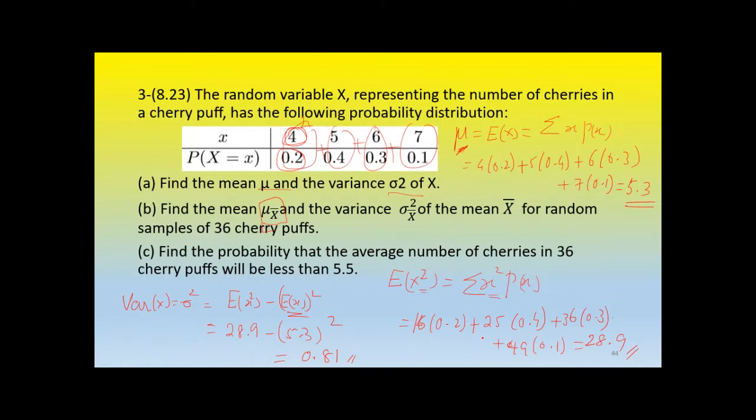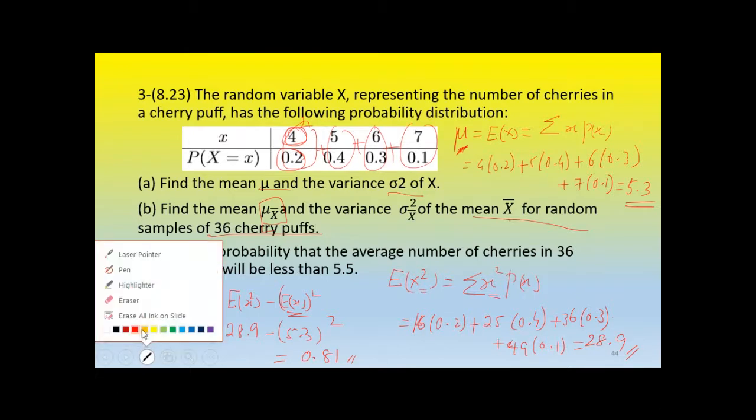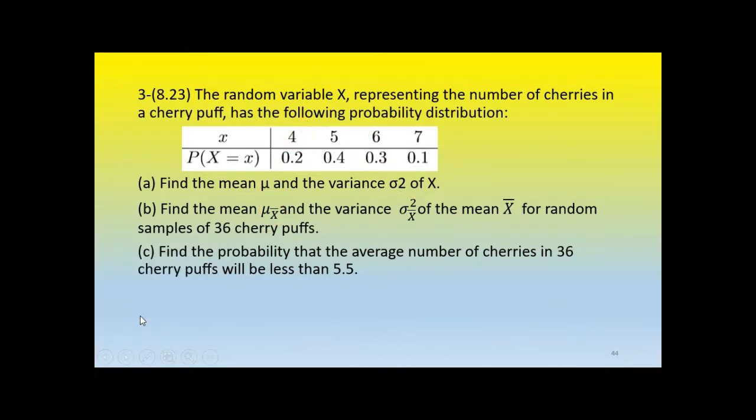Now we take a new sample mean x bar for a random sample of 36 cherry puffs. So the new n, we are getting new information. The sample size is 36. So we want to find mu x bar.